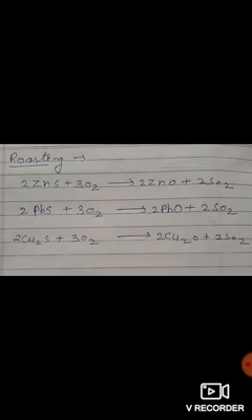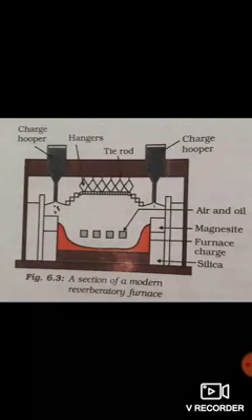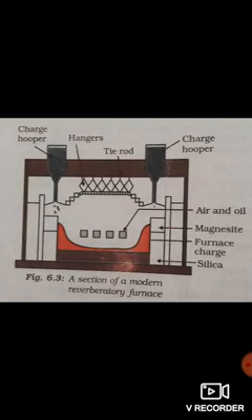Now in roasting we are going to discuss the sulfide ores. In roasting, the sulfide ores of copper are heated in a reverberatory furnace. If the ore contains iron, it is mixed with silica before heating.